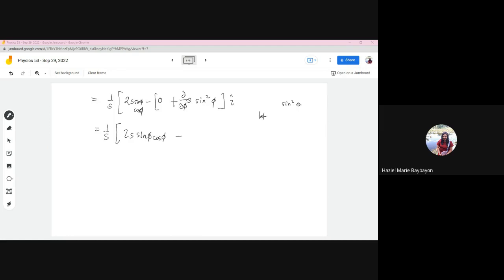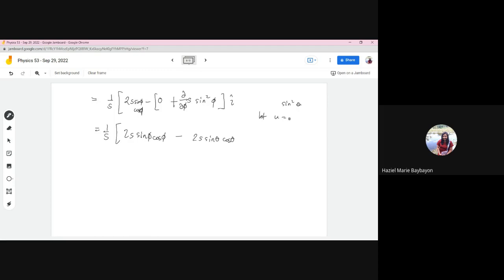Chain rule. So we can use chain rule, and it is equal to 2 sine theta cosine theta. Okay. Yeah, you can use chain rule. Mag-let u kani. So this is equal to 2S sine theta cosine theta.